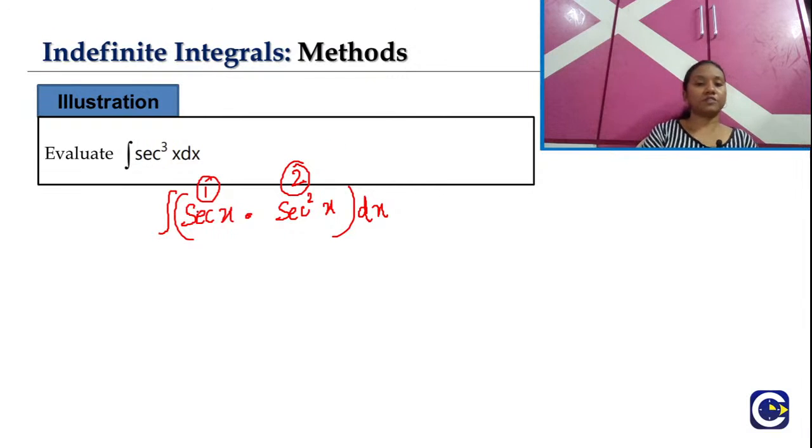So here my first function is secant x and second function is secant square x. So let's just apply our UV rule of integration, that is first function into integration of second function minus the whole integration of differentiation of first function into integration of second function.